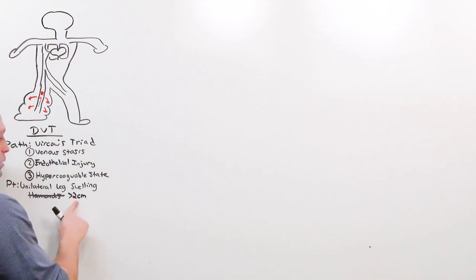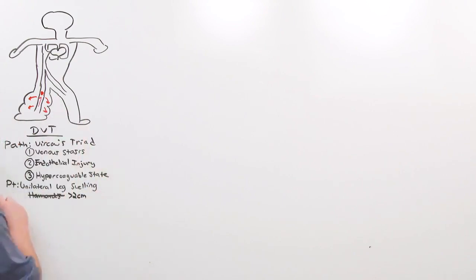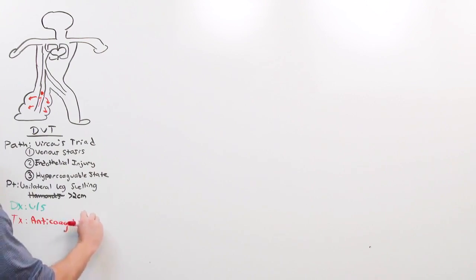That is, one leg is bigger than the other by 2 centimeters, suspected DVT. DVTs are diagnosed by ultrasound, and when you find one, you anticoagulate. We're going to talk more about anticoagulation when we talk about treatment for PE.